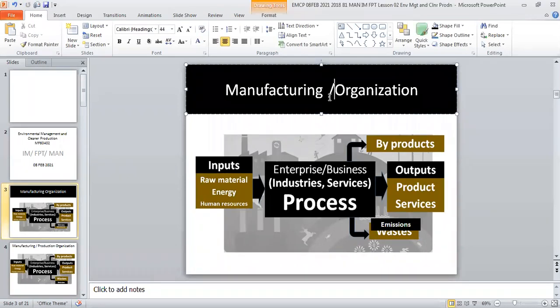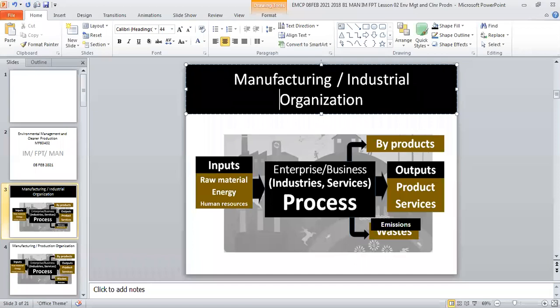Manufacturing, and I put here industrial organization, okay? I think for IM students, they may have some familiarity with these industrial or manufacturing organizations, because you are learning industrial management.